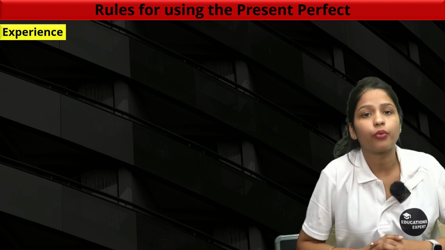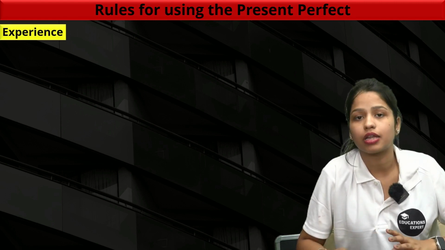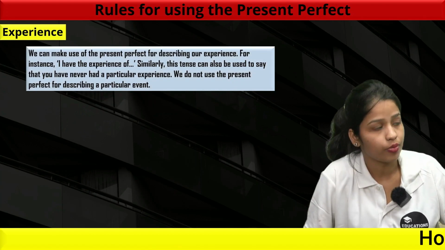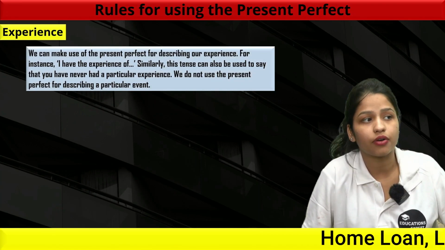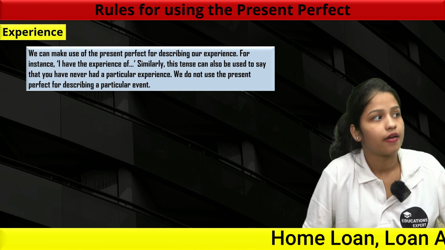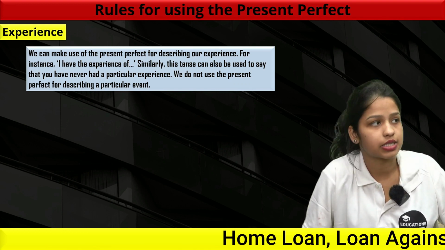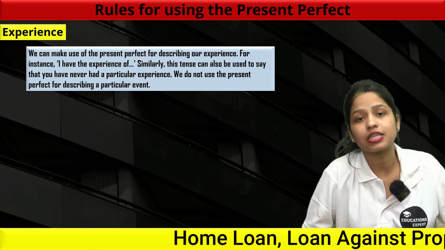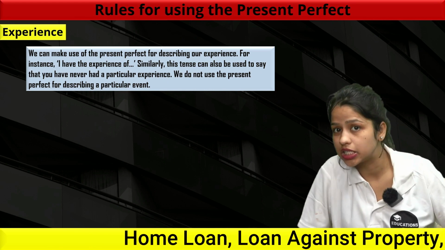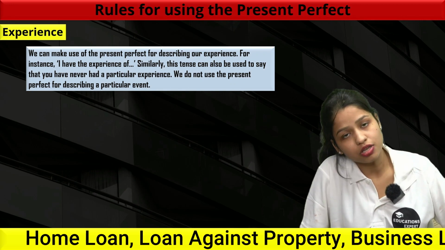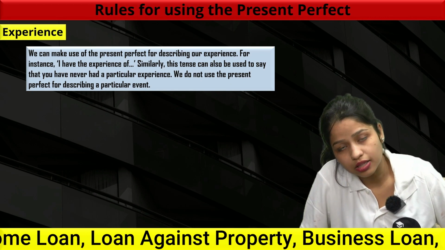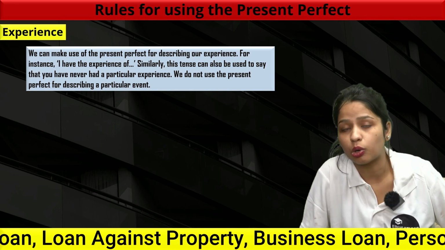First up, whenever we're talking about experience, right? How can we use the present perfect for describing our experience? For instance, for example, I have the experience of 10 years working in that company. So I'm telling about my experience of working in this particular company at this particular profile.